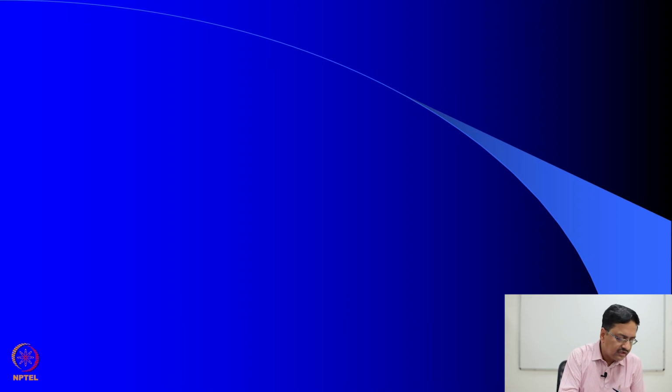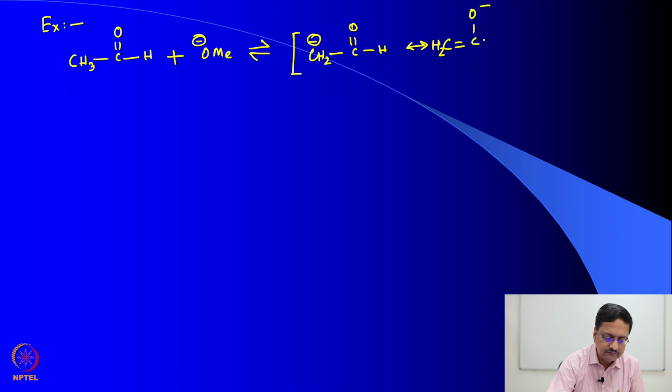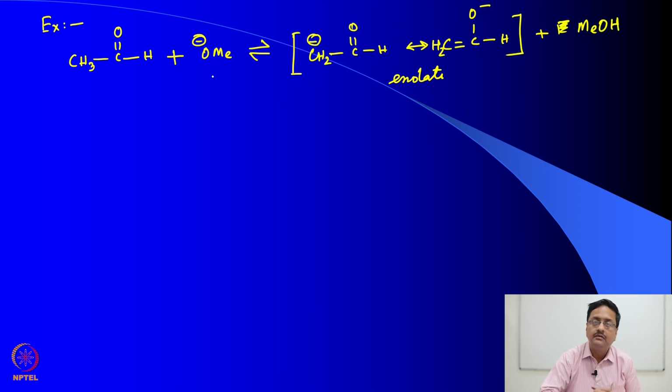So, let us try to see with a real example. If we take acetaldehyde, as I indicated in the second slide today, and treat this with OMe minus, in a reversible reaction it generates the carbanion, which resonates to form the enolate ion, and forms methanol as the elimination product.